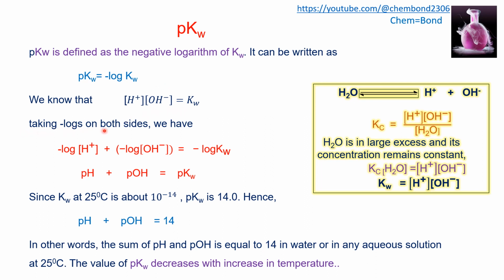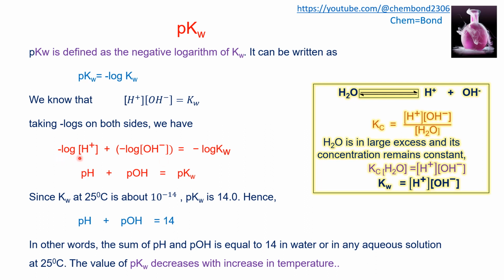Now taking the minus log on both sides, we have minus log of H ion. We know that in log terms, when the terms are multiplied, we put a plus sign. Here both terms are multiplied, so we put a plus sign. So minus log of H ion plus minus log of OH ion is equal to minus log of Kw.